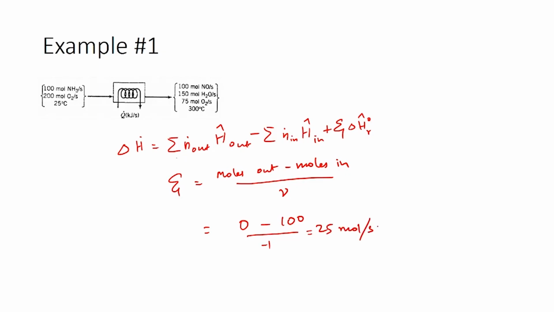So, the extent of reaction is 25 moles per second, and you already have the heat of reaction. You have the specific enthalpies for the individual components in the outlet stream and the molar flow rates of the outlet streams. For the inlet stream, everything goes to 0.